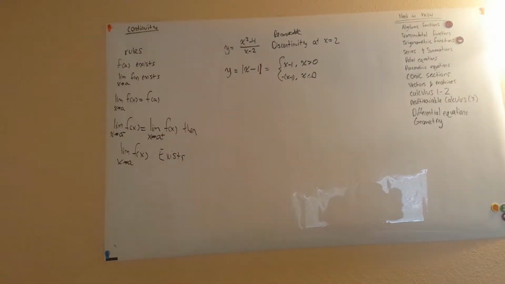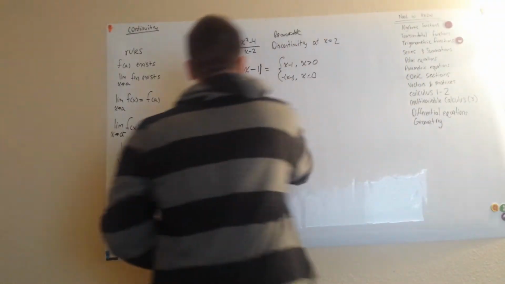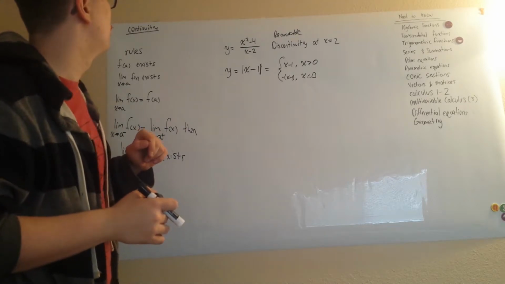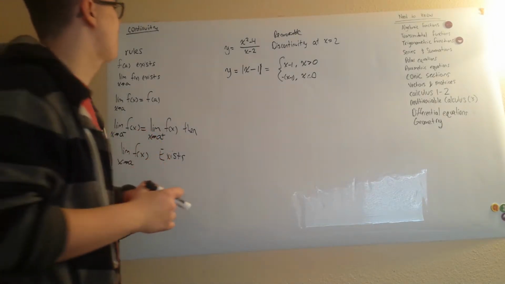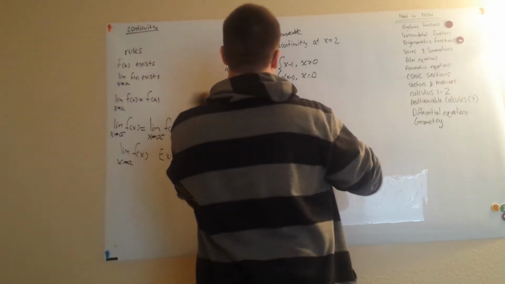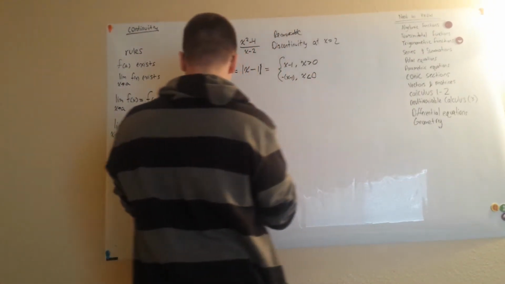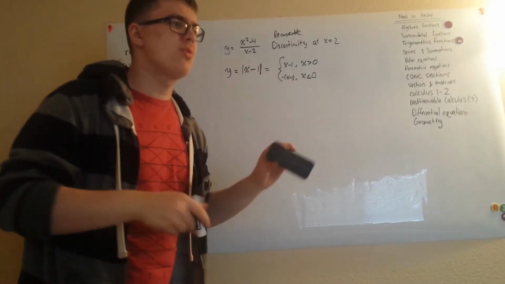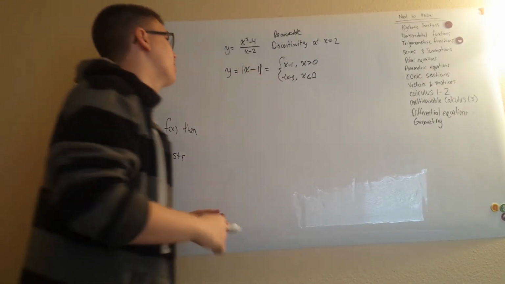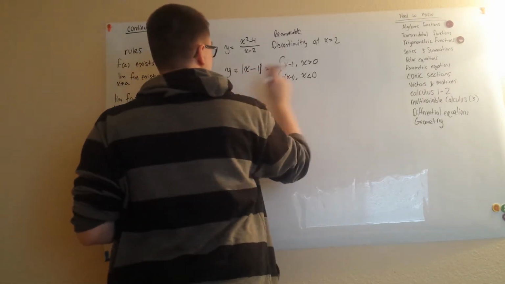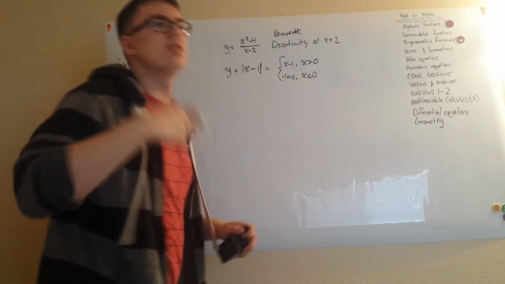Okay, so we have to make this absolute value function into a piecewise function definition. Now here's what it's saying. You have to take one-sided limits when the piecewise function changes definition, meaning it changes definition when x equals 0.